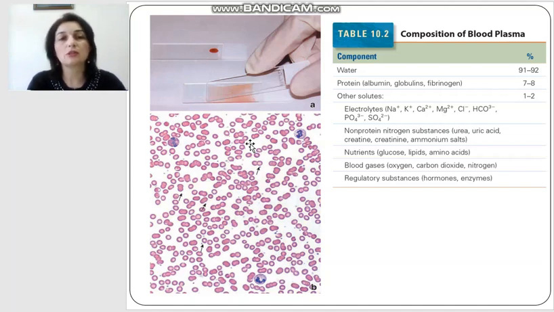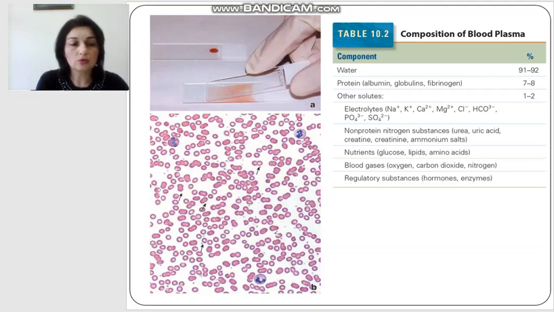That method was introduced by Romanovsky in the 19th century. He used a mixture of methylene blue with eosin. Nowadays, the popular ones are the modifications, Giemsa and Wright modifications of that method. In that way, we learn the blood cells based on their colors, which are produced by those stains, by those dyes.